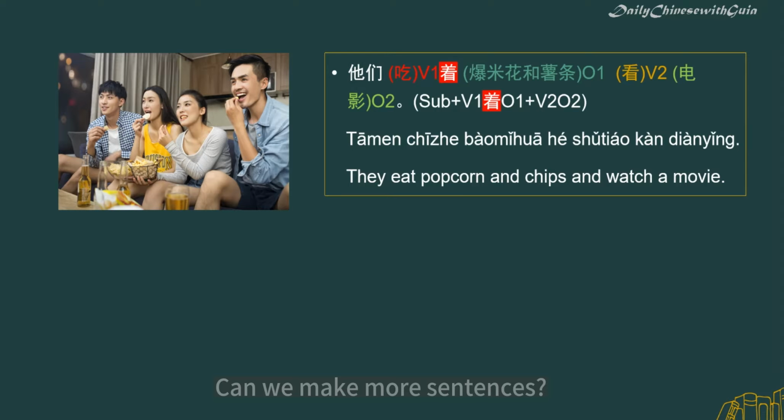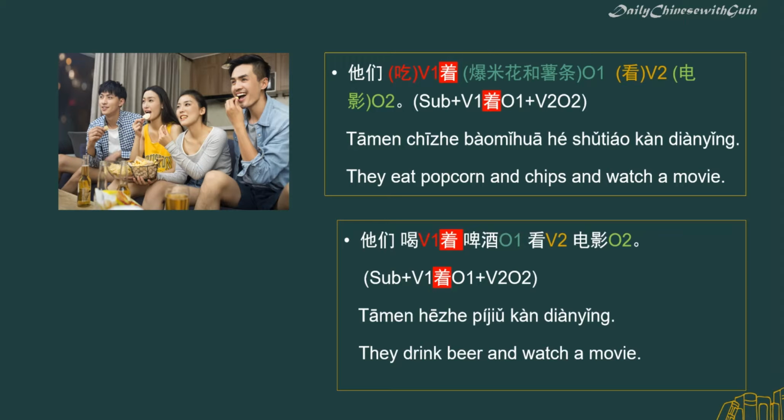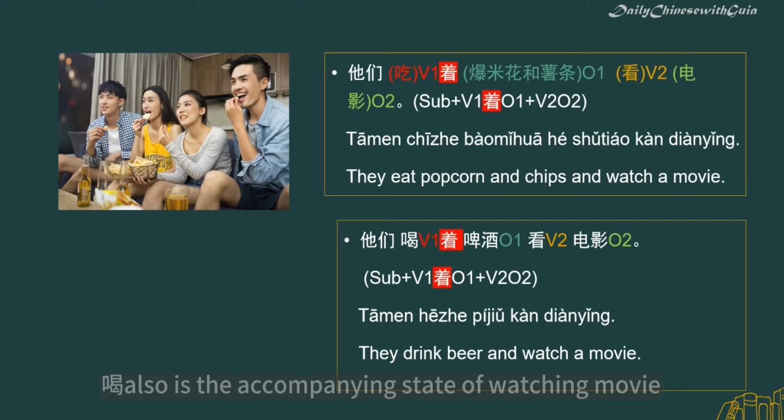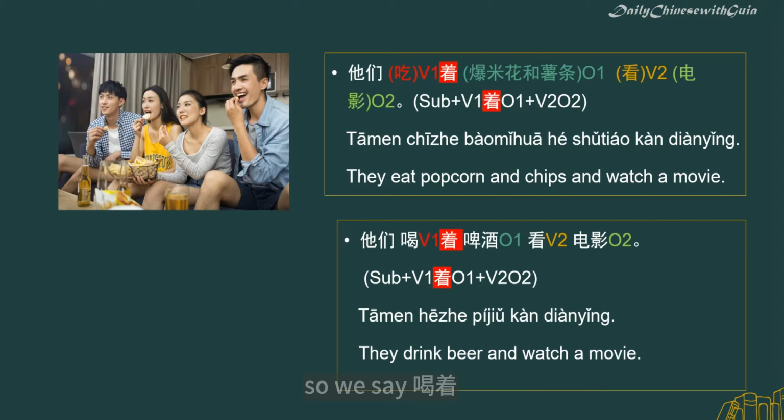Can we make more sentences? Of course, let's see another one. 他们喝着啤酒看电影. Here, 他们 is the subject. 喝 also is the accompanying state of watching a movie. So we say 喝着.